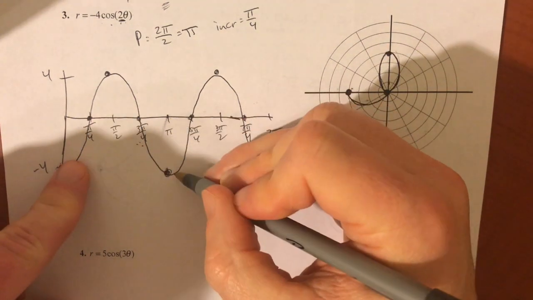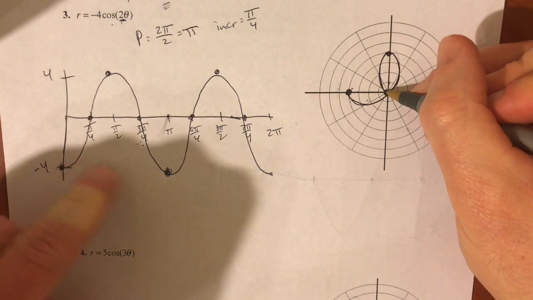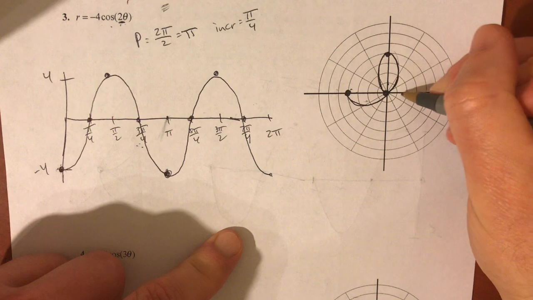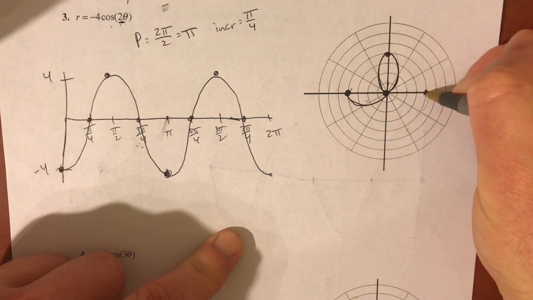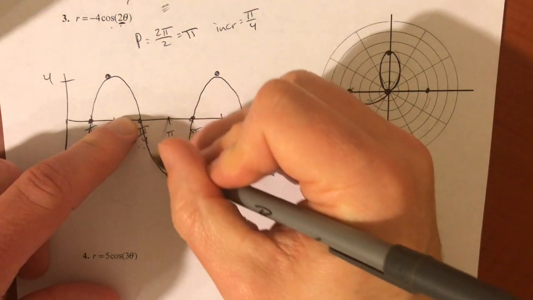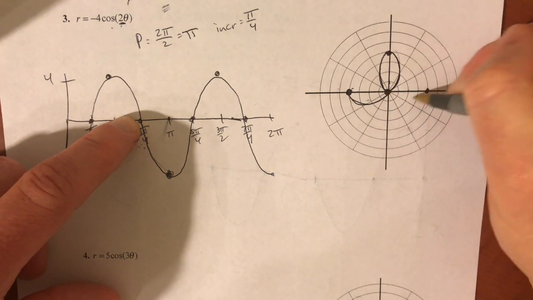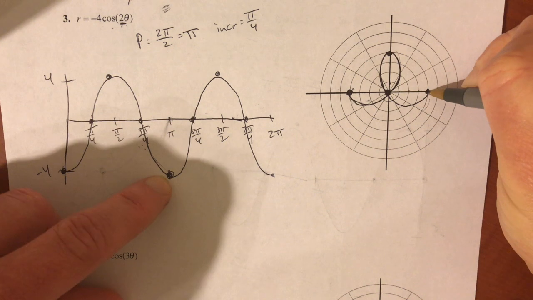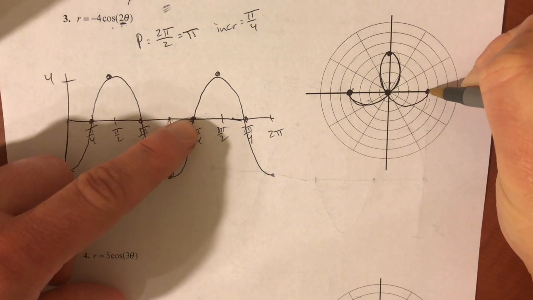Then pi, r is -4, so -4, but then rotated pi is going to put you right here, 1, 2, 3, 4. So between here where we picked up and there, you are continuing to rotate. You get another half petal, and then you got it, I'm sure.